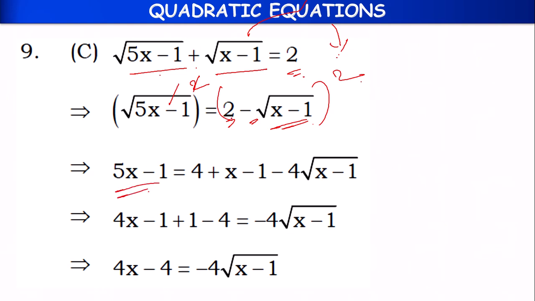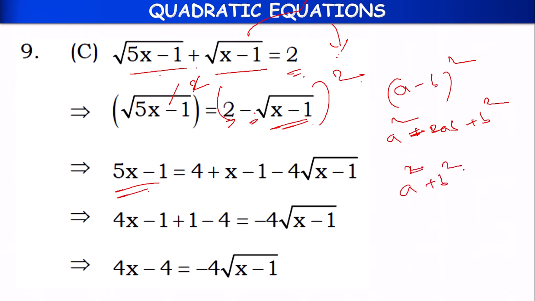Right hand side is in the form of a minus b whole square. The formula is a square minus 2ab plus b square, or a square plus b square minus 2ab, in any way we can write. So a square: in the place of a we have 2 square, which is nothing but 4.